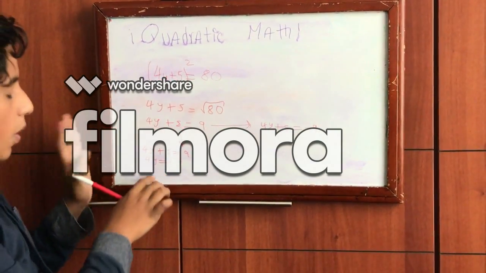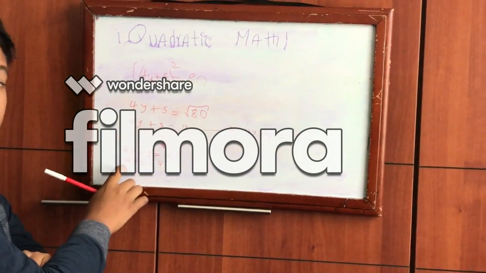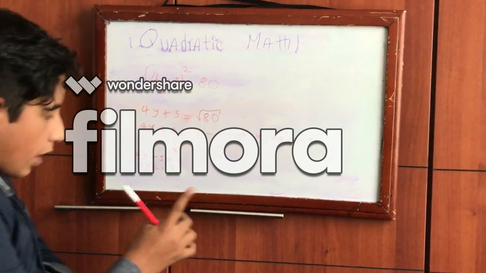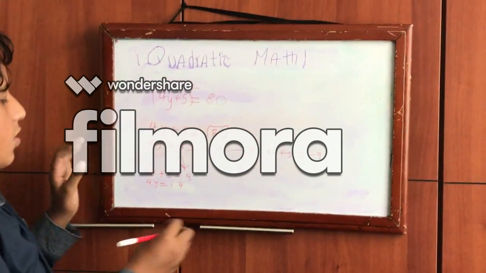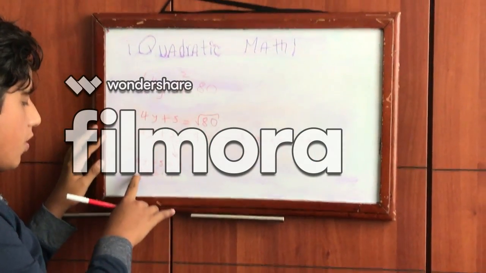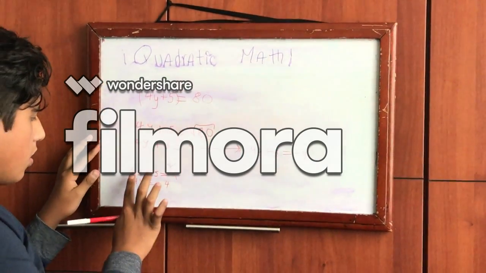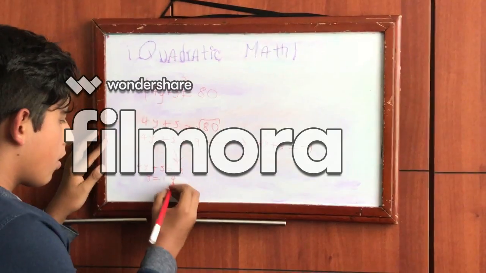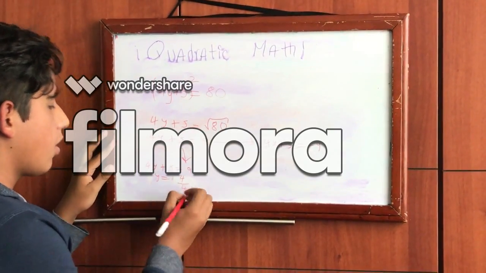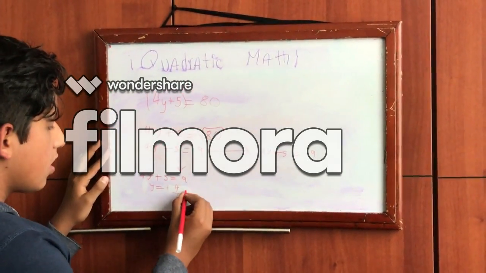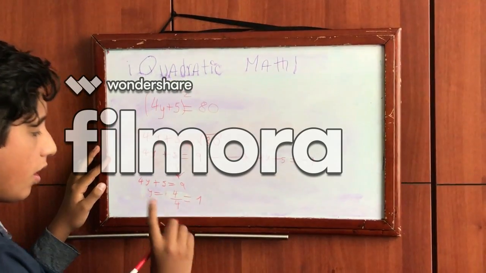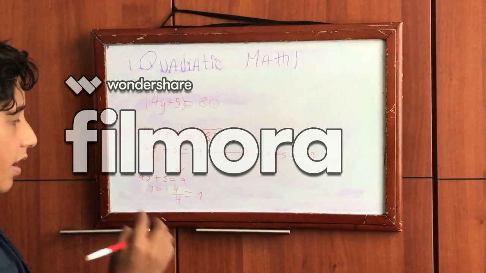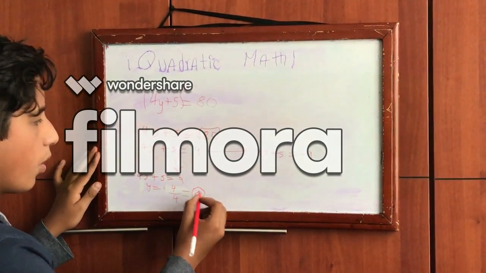But we still have another number next to the variable that we need to eliminate, so we turn this 4 into a fraction here. So we take it out of here and put it down here, so it is a fraction, and if we simplify it would be 1. So we can say that x1 is equal to 1.